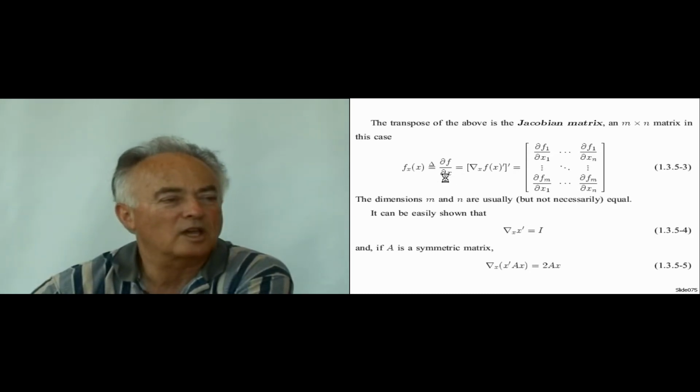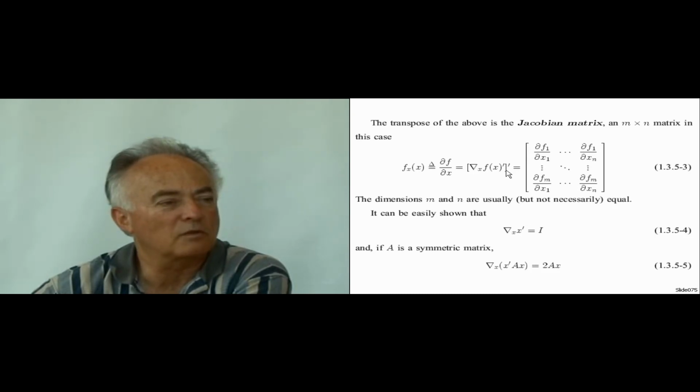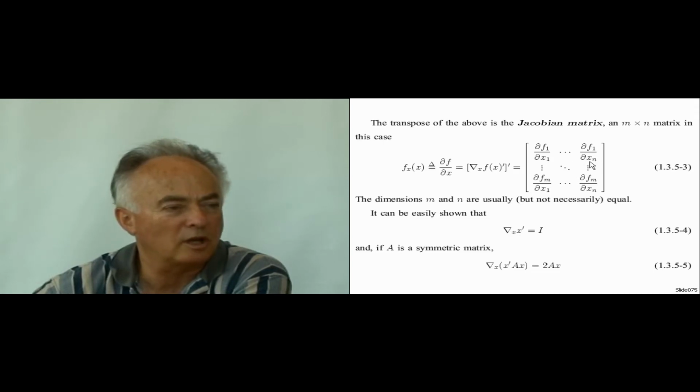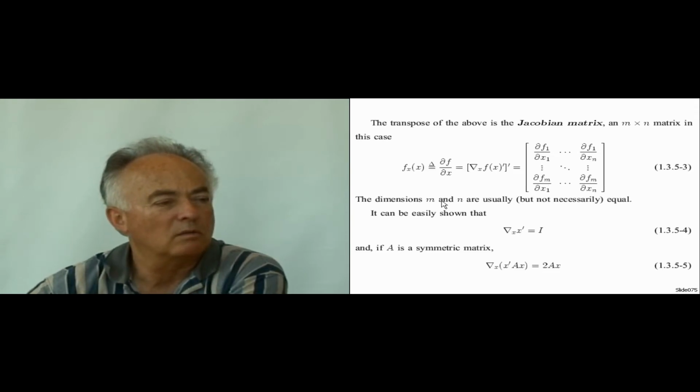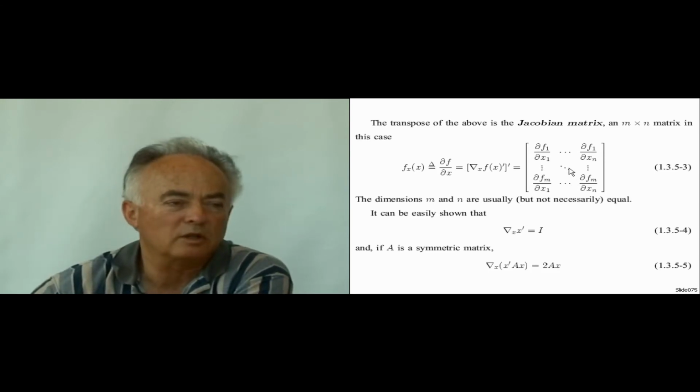The exact algebraic expression is given by del x column, f transpose row, and the whole thing transposed. And now you get df1 to dx1 through df1 to dxn, element 1,1, element 1n, element m1, element mn. In most cases, the dimensions of x and f will be equal, in which case we get a square matrix, the Jacobian, but it's not necessary.